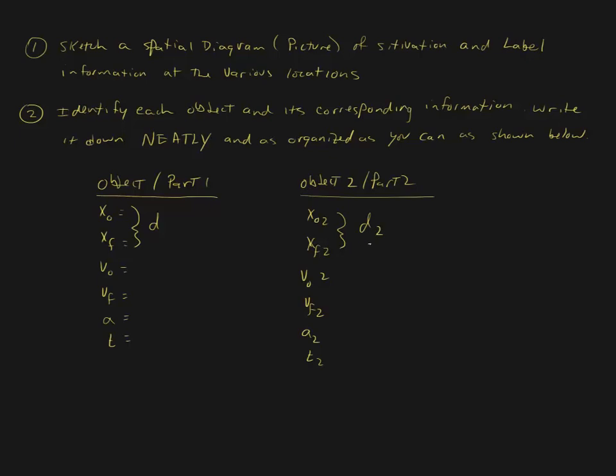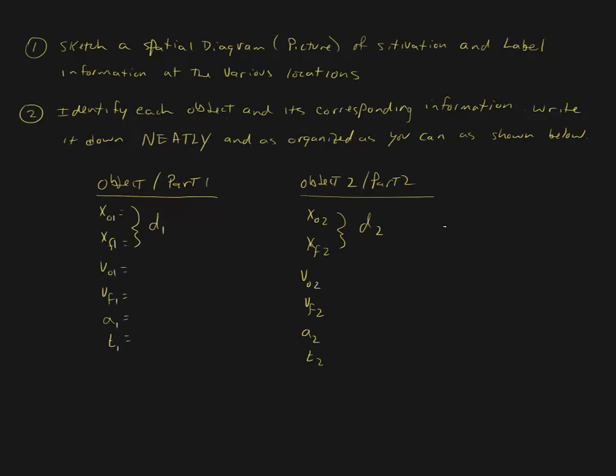You want to make sure that you make generous use of subscripts. Okay, so for example, in object 1, part 1, I failed to label these as 1s. But they should be. And that should be D1. And I've labeled all of these as 2s, although V initial doesn't look like it has a subscript. So let's fix that. There, now V initial has a subscript.